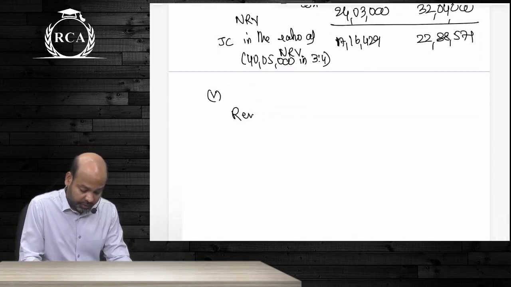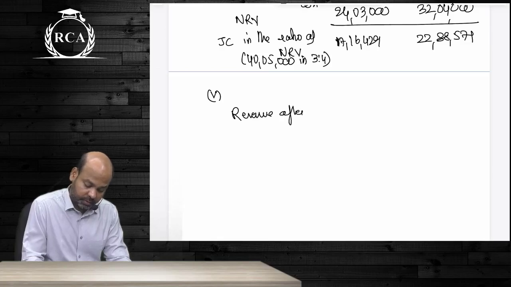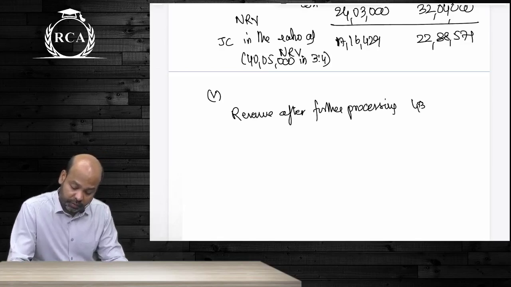What is the revenue after further processing? Revenue after further processing, guys, is 40 lakhs 5,000.